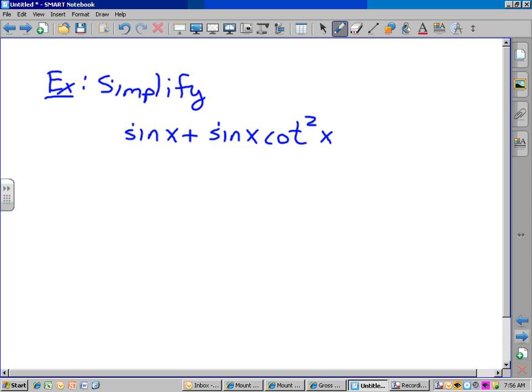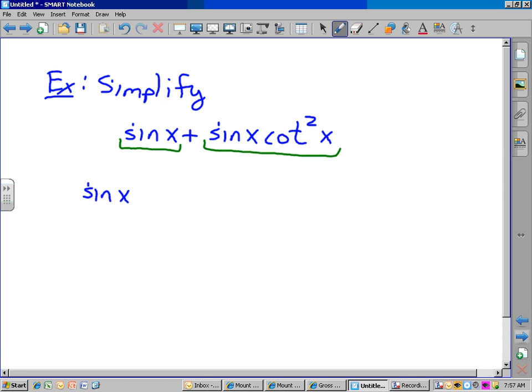Usually a single trig function. So we got to turn that into a single trig function. How do we do that? No, you can't combine them. They're completely different. But if you look at each term, okay, we got that one, sine of x, and we have sine of x cotangent squared of x. What do they have in common? Sine of x. So we're going to factor out a sine of x.